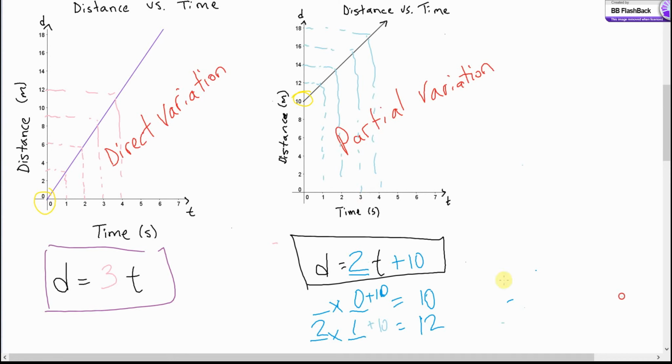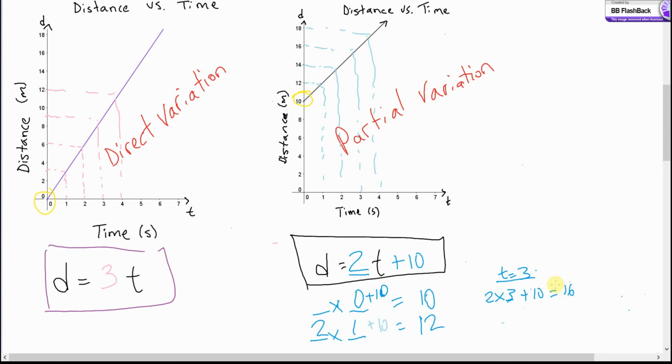So at t equals 3, let's see what happens. 2 times 3 is 6 plus 10 is 16.